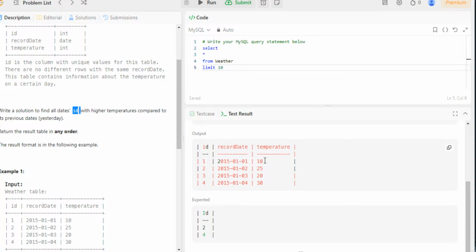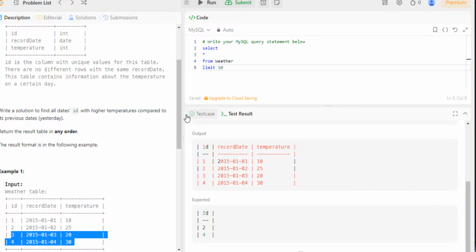And so we need where the higher temperatures occurred. Find all dates with higher temperatures compared to its previous day. So basically, you want to look back, but then you're also going to point to what it needs to look back to.